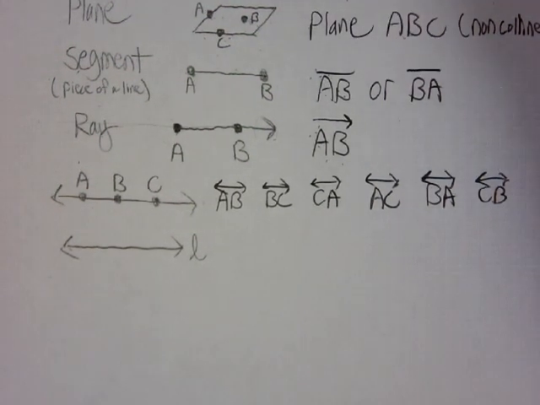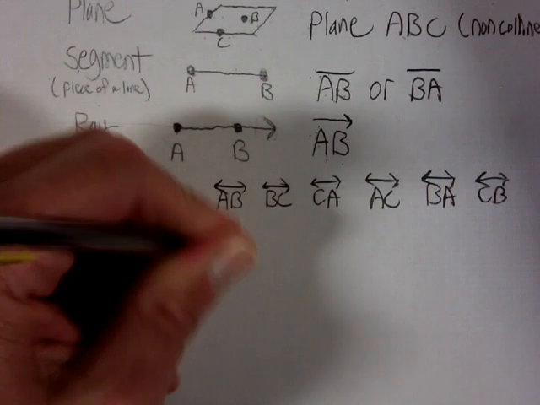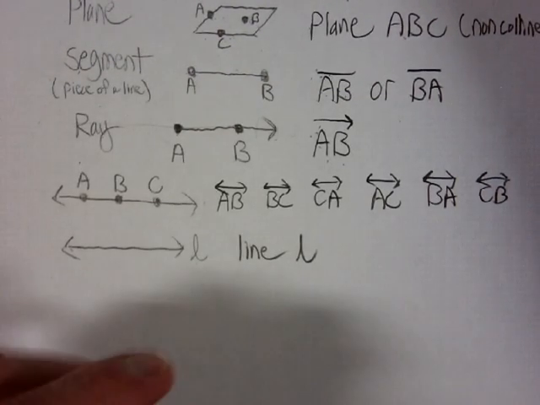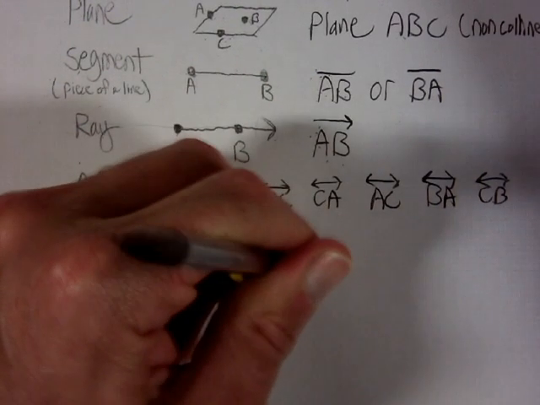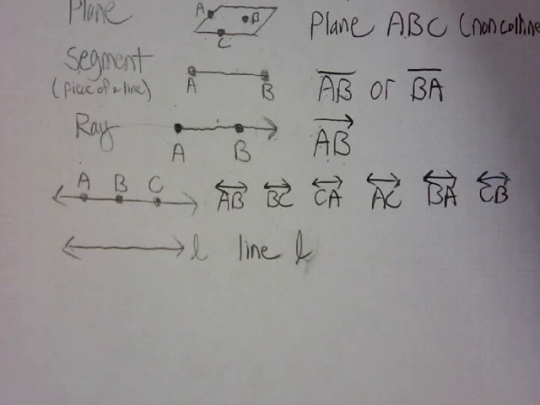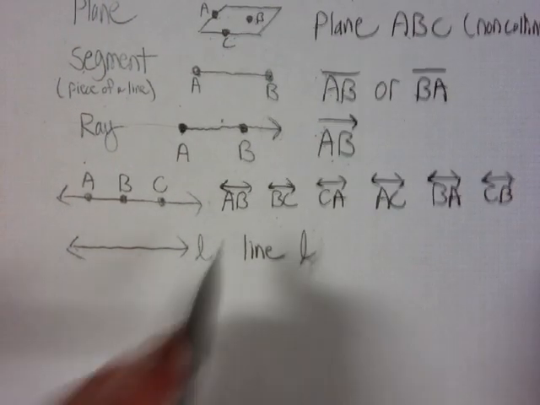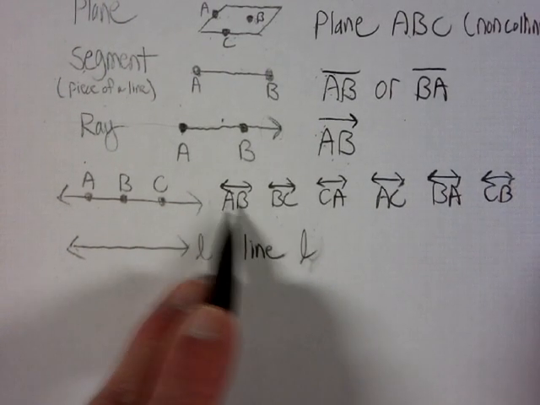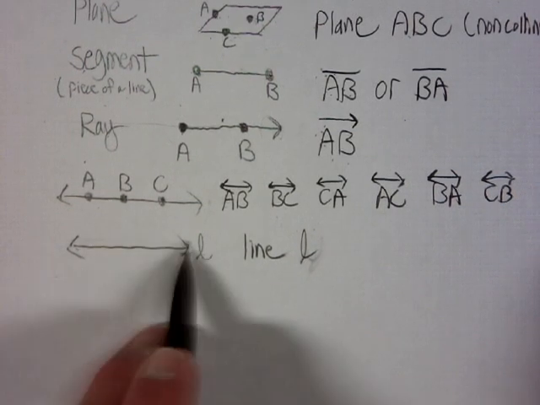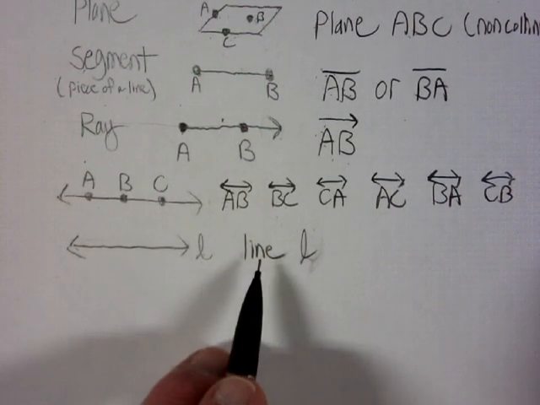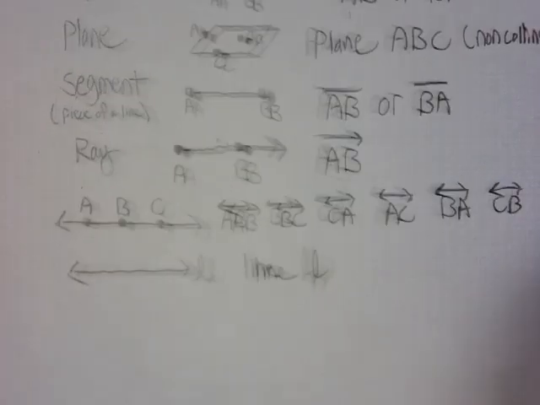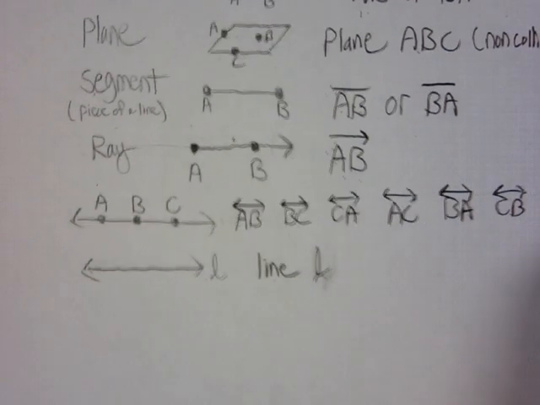So, for instance, here you would call this line L. Line L. And in this case, you don't use the line symbol, you just write out the word line. The line symbol is reserved for the point notation for line. If you just have a script letter out beside it, because there are no points labeled on the line, then you write out the word line, and then you use the script letter. All right, so those are a few of the special cases when we're talking about labeling lines.